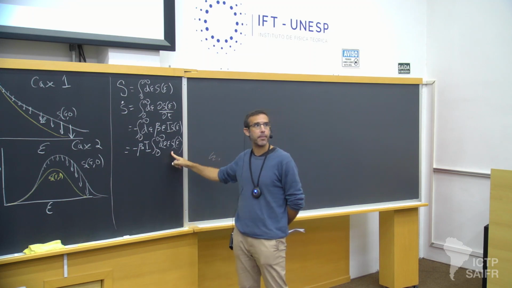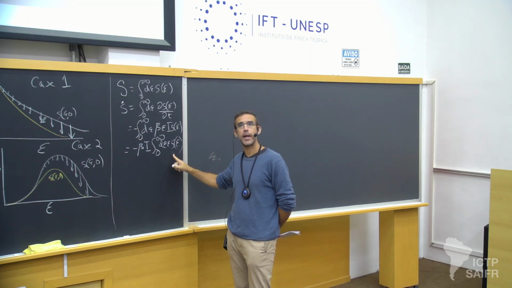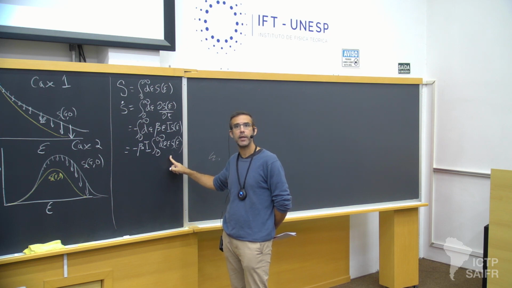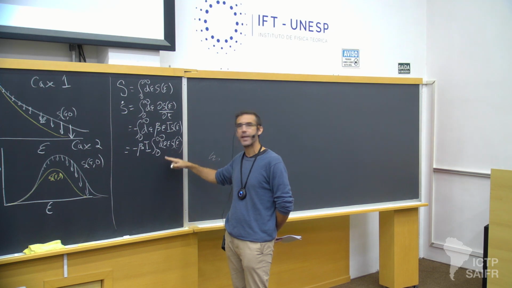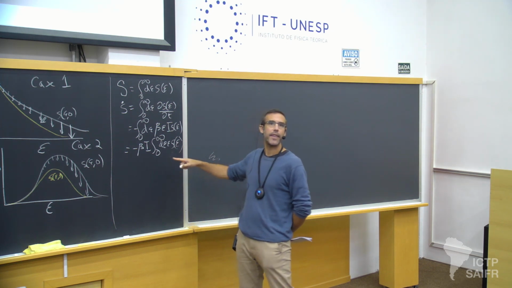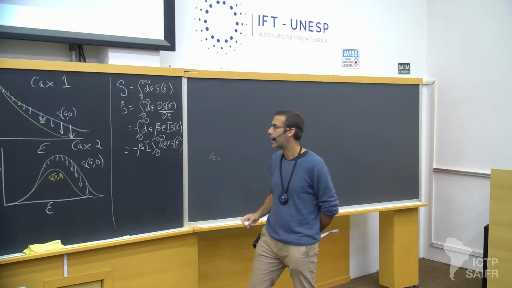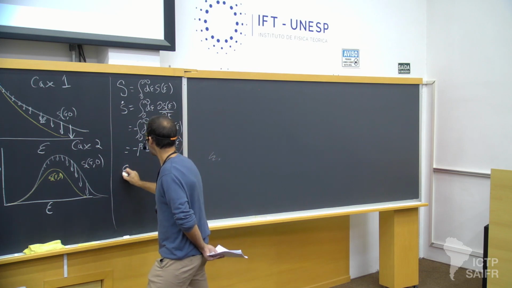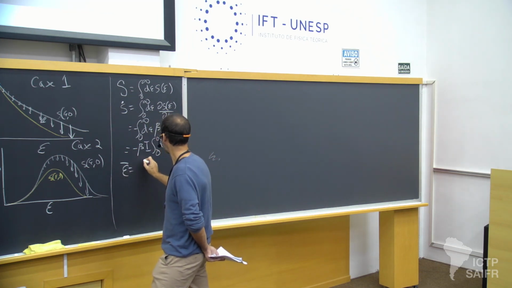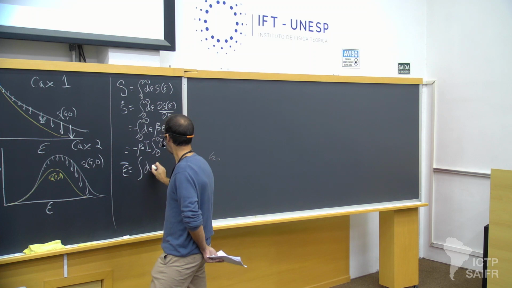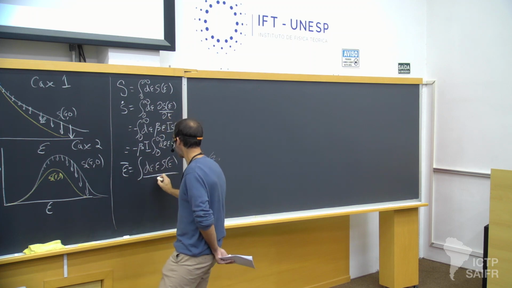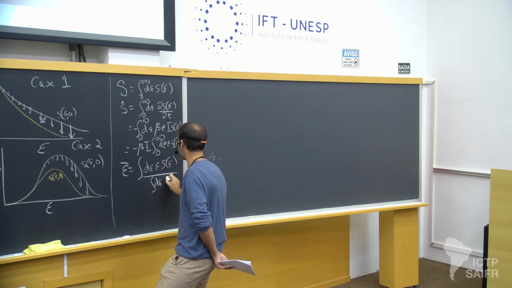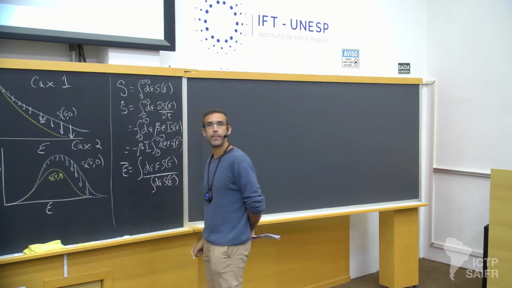But this looks like something. Anyone recognize what a term like this could mean? The mean susceptibility, but not quite, because I have to divide that by the integral, right? So the mean susceptibility should be the integral d epsilon epsilon S of epsilon divided by, because remember the total can change, right?